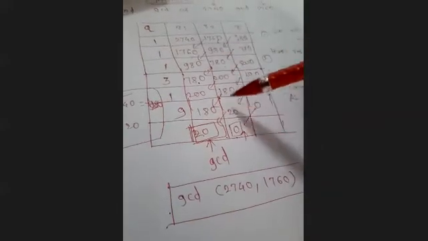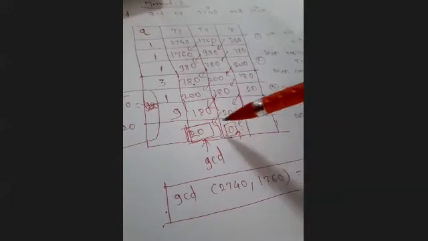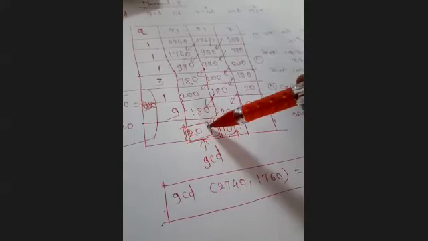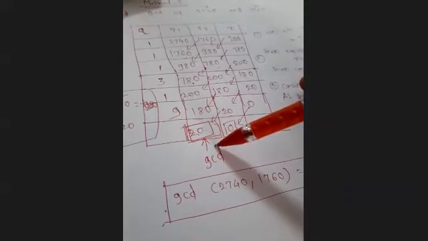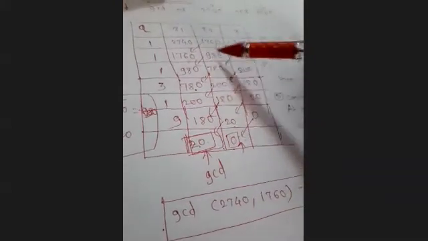Continue this operation until R2 value becomes 0. Once you get R2 value 0, whatever the R1 value is, that will be your final GCD of two numbers. So even if अभी मान लो यहाँ पे इससे ये बड़ी value है, so आसानी से हम लोग यहाँ पे mod करके आगे आगे आ गए.